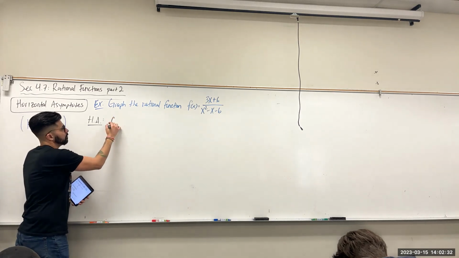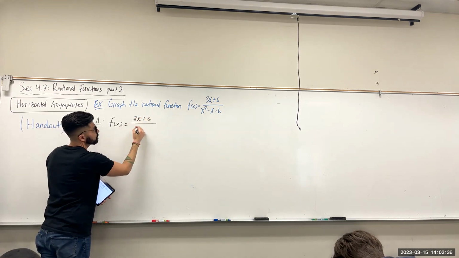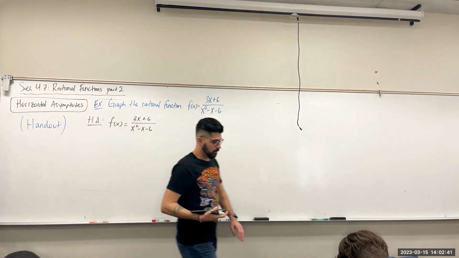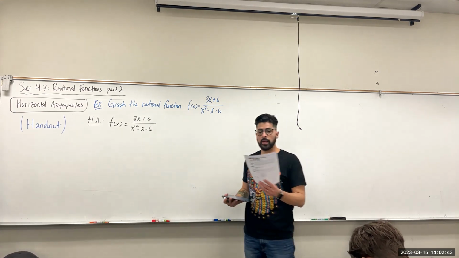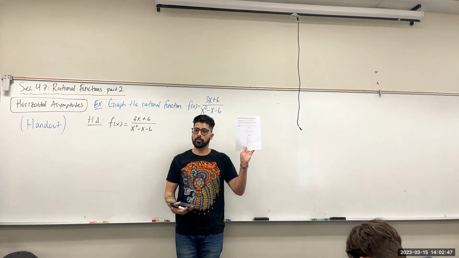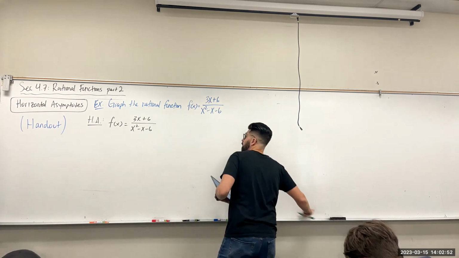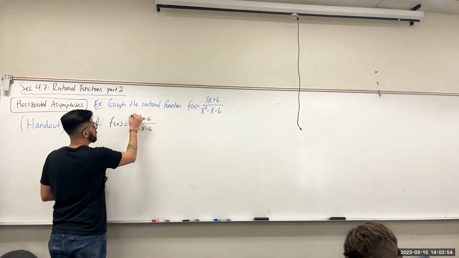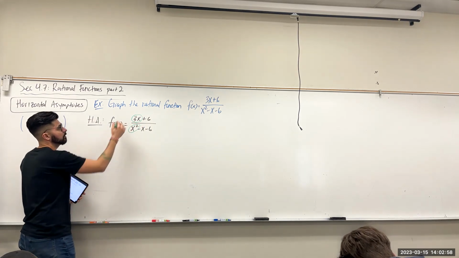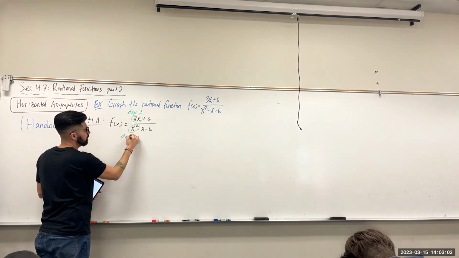So here we're going to use the function that we have. We've got to determine which case we have, case 1, 2, or 3, by looking at the leading terms. So what's the degree of your numerator? This has degree 1 and the bottom has degree 2.